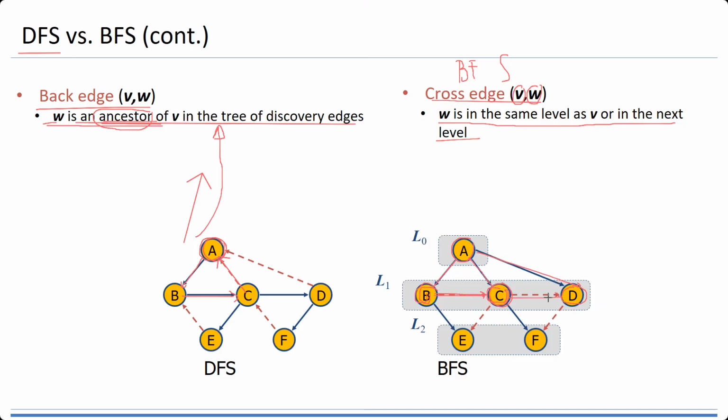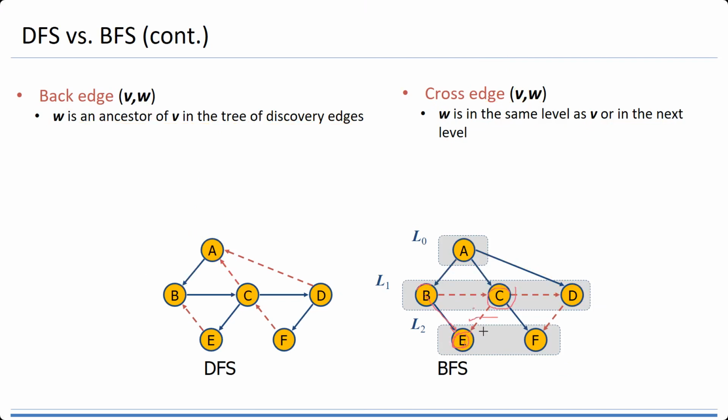You cannot go to D directly because D already visited. So we call this W and V, they are in the same level. Or if you already visit E from B, so you cannot visit E from C. So this is not possible. Then it means this is the cross edge.